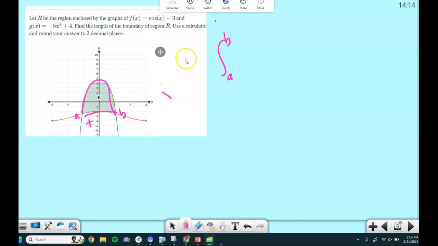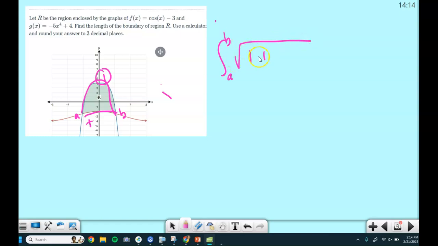And then we need the cosine graph. Oh yeah, no, that's the negative x to the fourth. So we need that. I'm doing this one first. So that's the x to the fourth graph. So what am I doing?